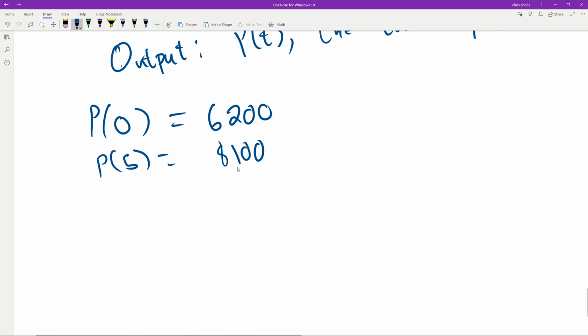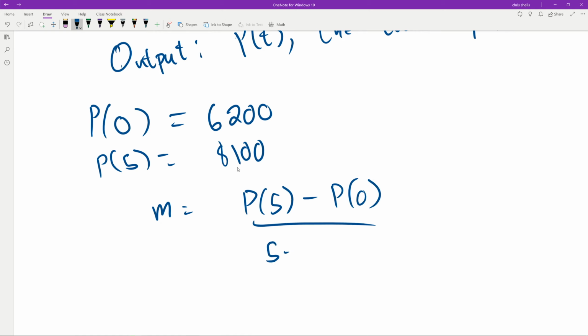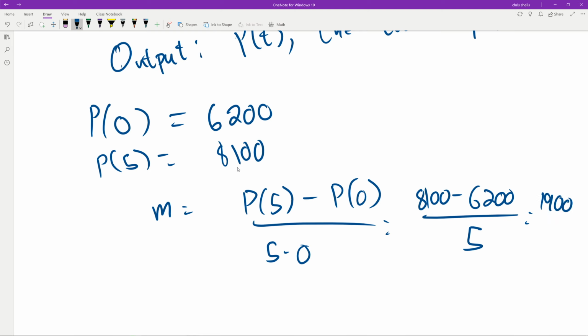So now to set up an equation, we have to find the slope of this linear model. M here is equal to P of 5 minus P of 0 over 5 minus 0. P of 5 is 8,100 minus P of 0 is 6,200 over 5 minus 0 is 5. This is 1,900 over 5.